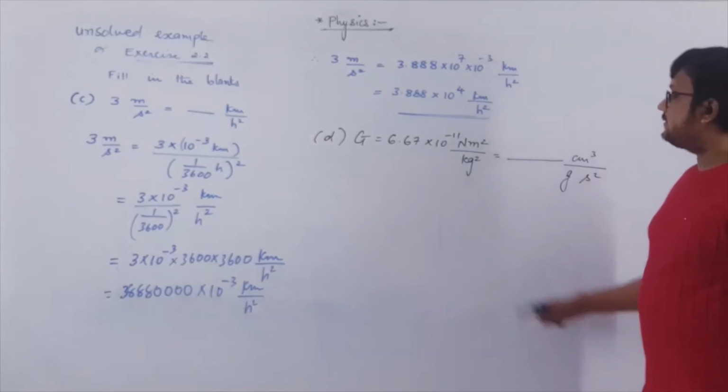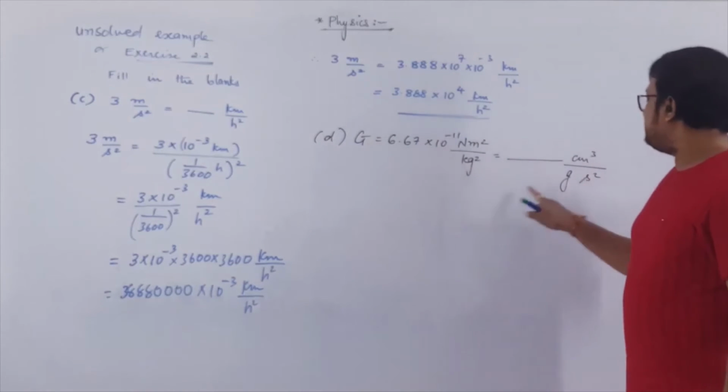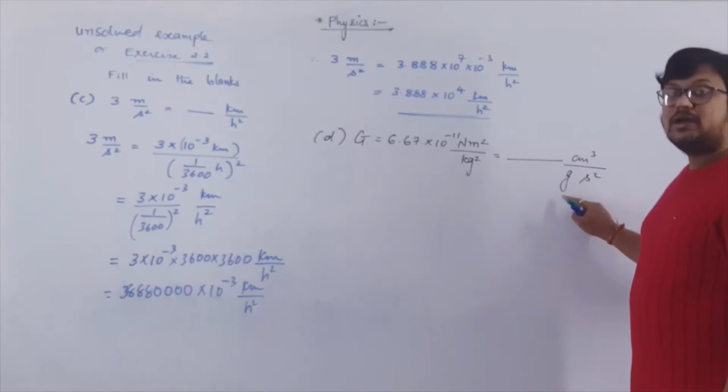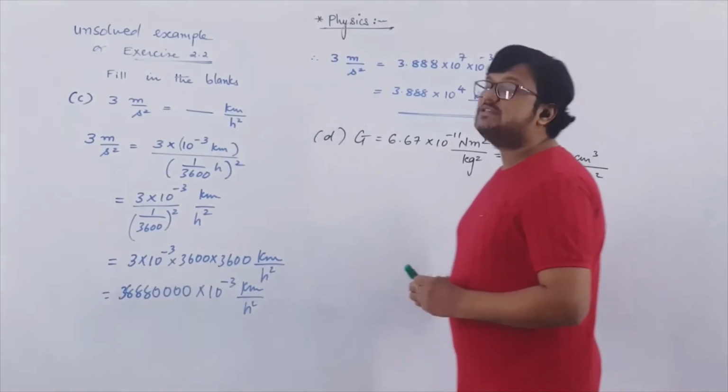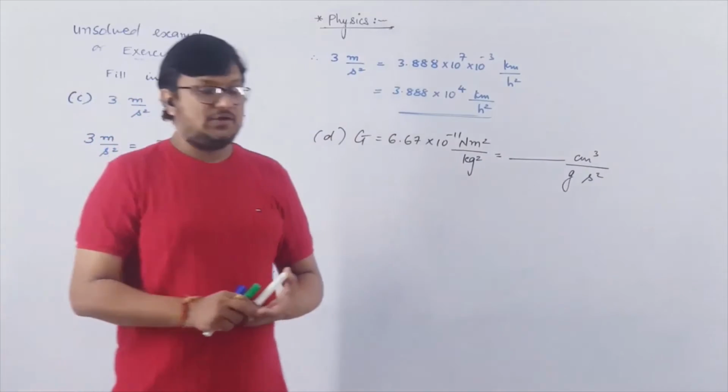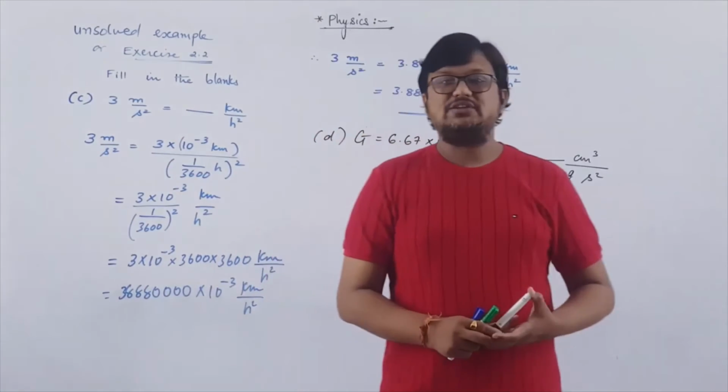So we have to convert Newton meter square upon kg square into centimeter cube upon gram second square. Now what is capital G over here? If you remember, in standard 9 you have come across gravitation, right?